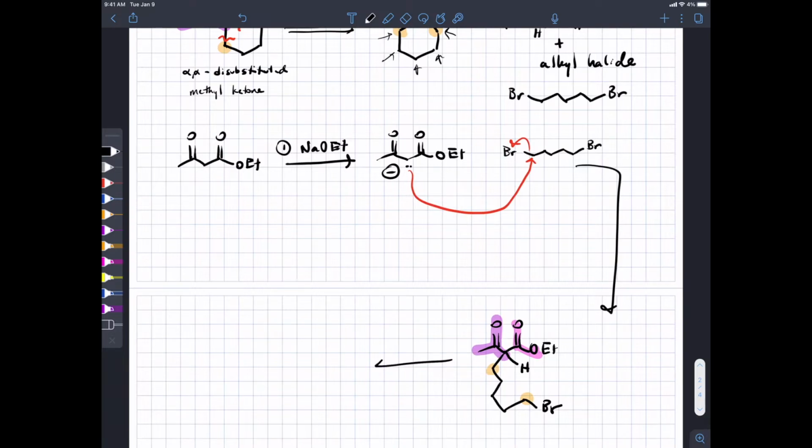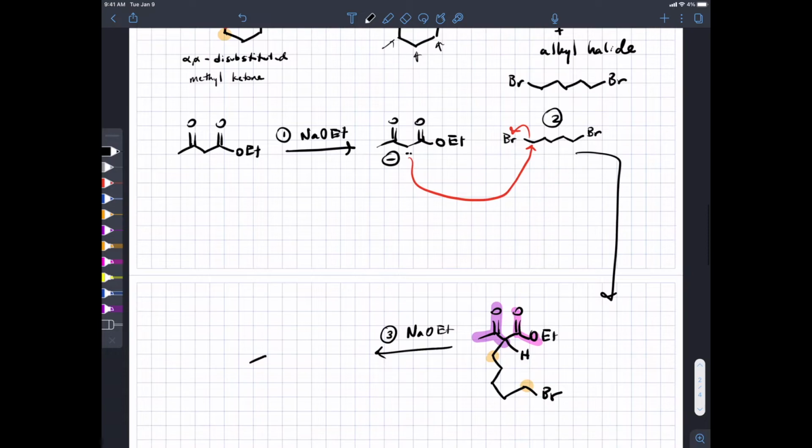And then all we have to do is, in a third step, add base. That will remove the proton from the carbon that's alpha to both carbonyls to make our enolate. 1, 2, 3, 4, 5. Here's the enolate, and then it will be very fast to do the intramolecular SN2 reaction.